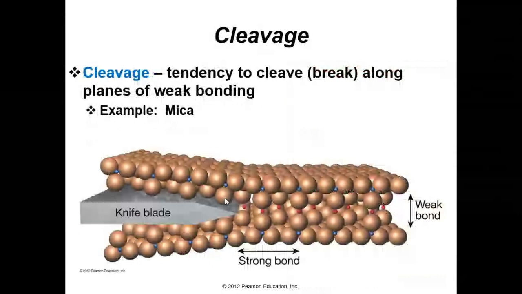So even just to break apart along a plane of weak bonding, usually that plane of weak bonding is an ionic bond. Okay, so those are the weak bonds that we talked about for the softer minerals like talc. If you take a knife and slice across a piece of talc, it'll easily cut.